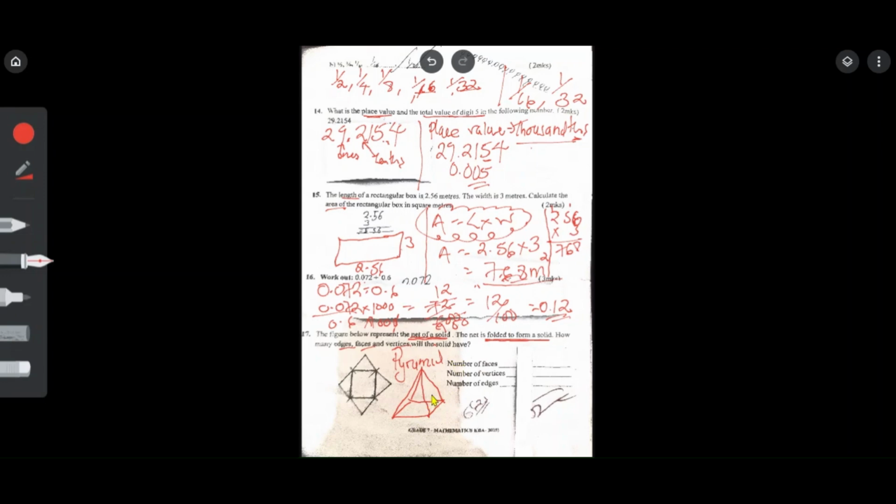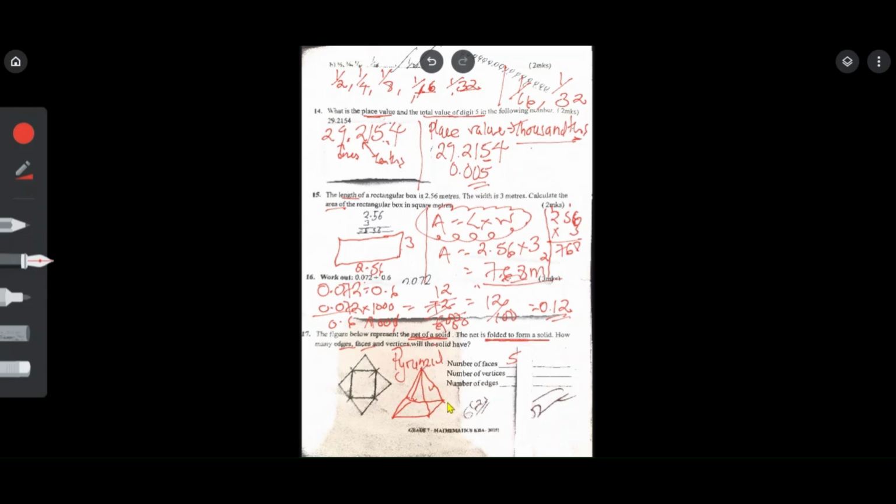So I count how many faces. Faces are these plain parts. So you have 1, we have 2, we have 3, and the other side you have 4. Then the base, they are 5. Vertices are like this side where two or more lines meet.